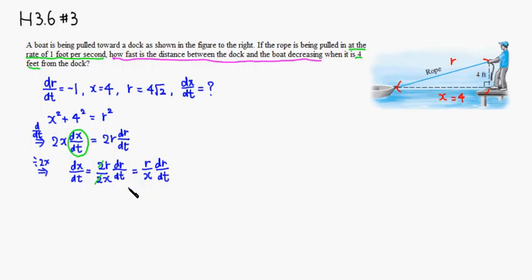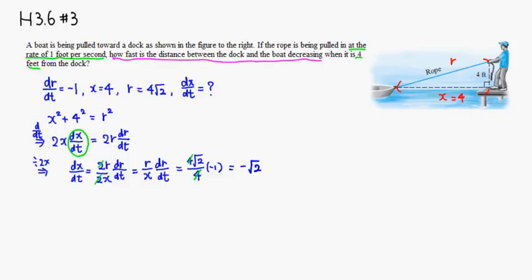We have all these already figured out. r, from the Pythagorean theorem, is 4 square root of 2, divided by x, which is 4 at that point, and dr over dt is -1. We can cancel 4 and 4, so this is simply negative square root of 2.